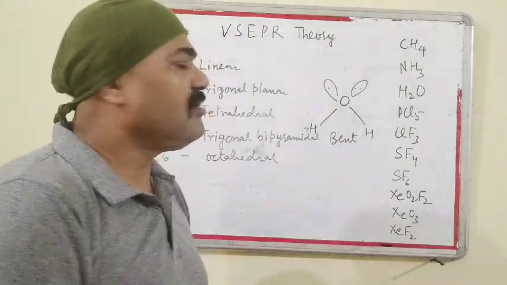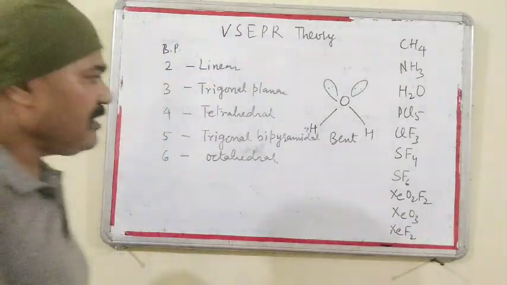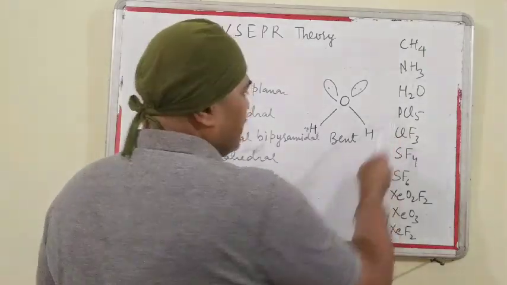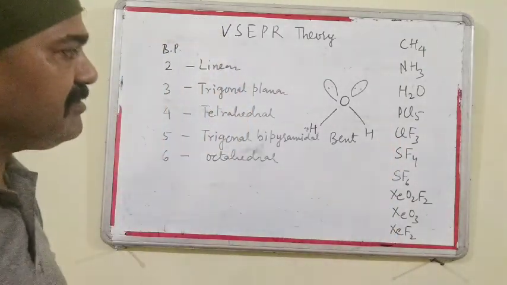Now PCl5. In PCl5, phosphorus has 5 outermost electrons.